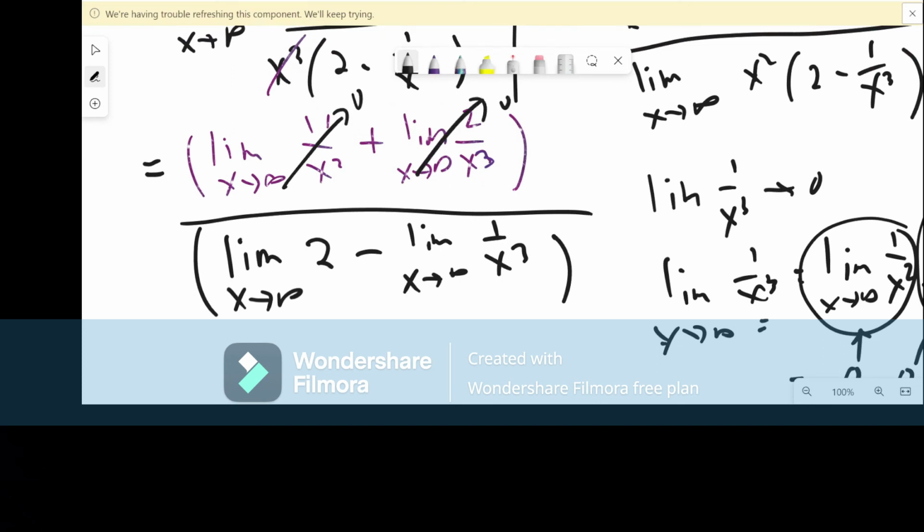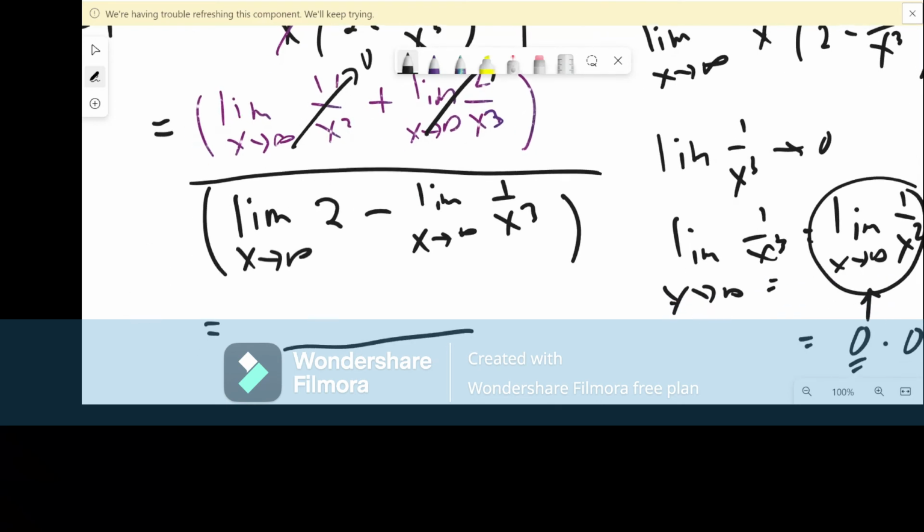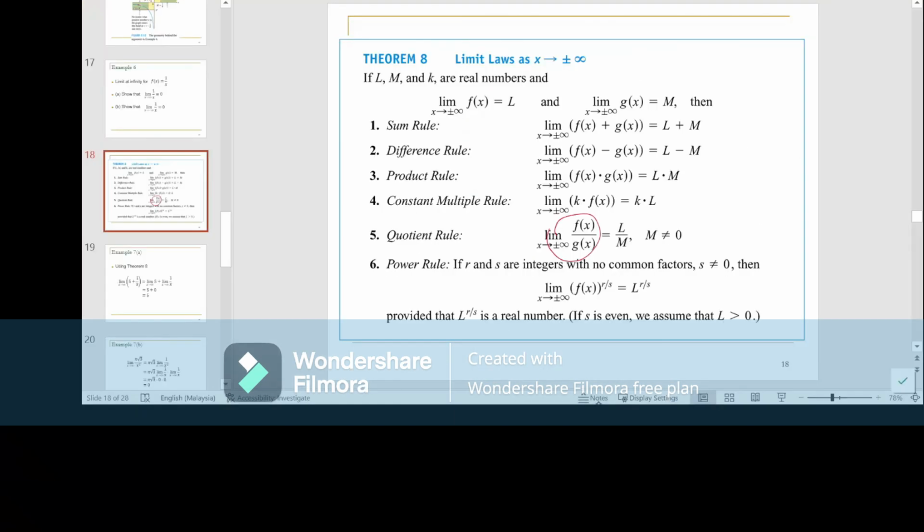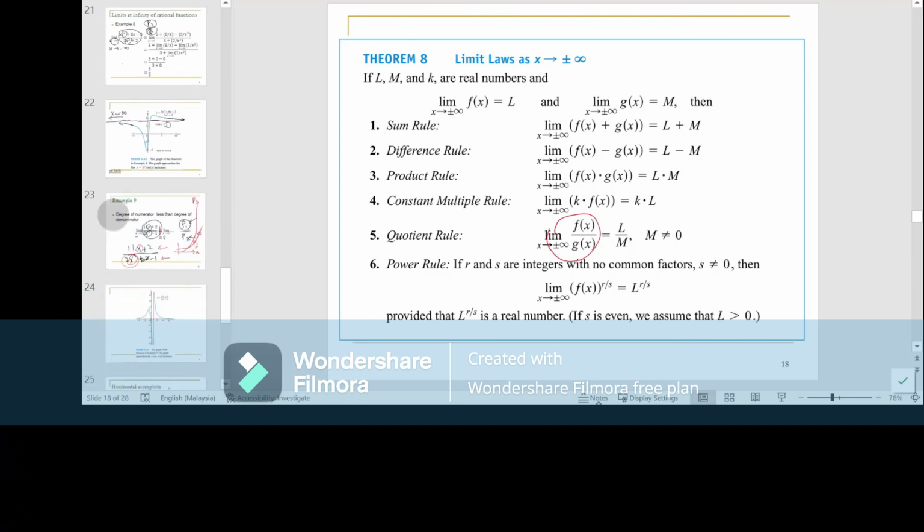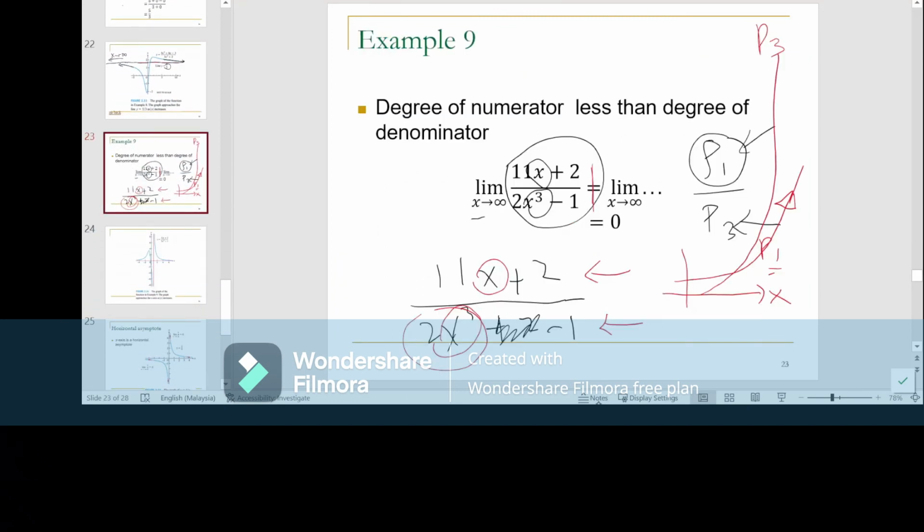Then here, the limit of 2 is just 2. So the numerator upstairs is just 0 plus 0, over 2 minus the limit of 1 over x cubed, which is also 0. So it turned out to be just 0. So that proves the limit of example 9 is 0.